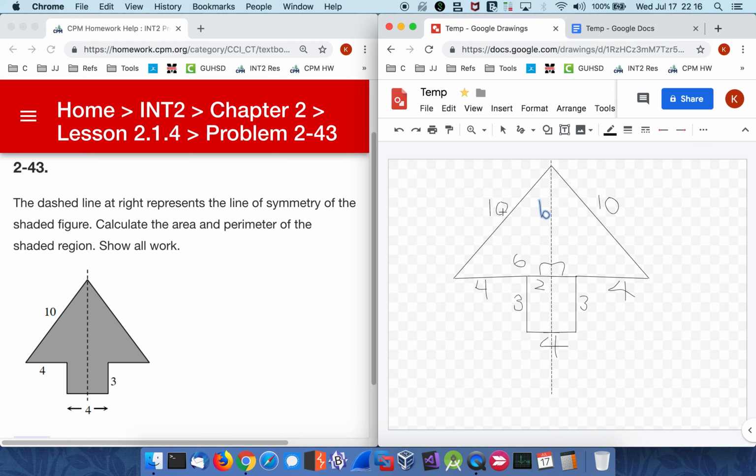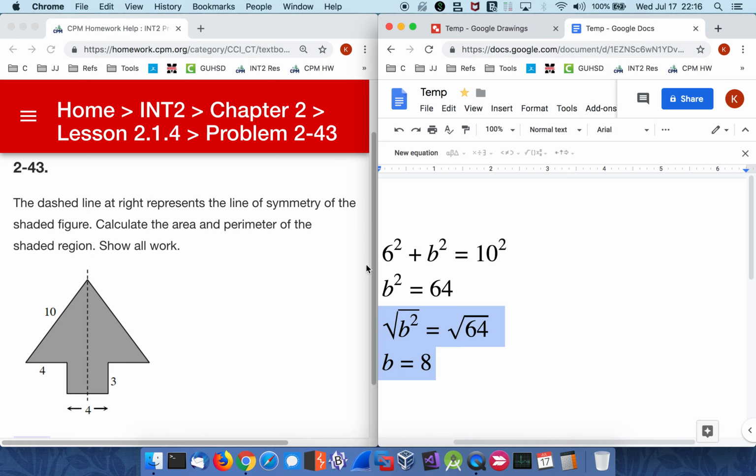Alright, so what do we know? We know that this is 8, so let me get rid of that and draw an 8 there. Now we know the base of this whole triangle and we know the height. The base of the whole triangle is 4 plus 4 plus 4 is 12. So what is our formula for the area of a triangle?